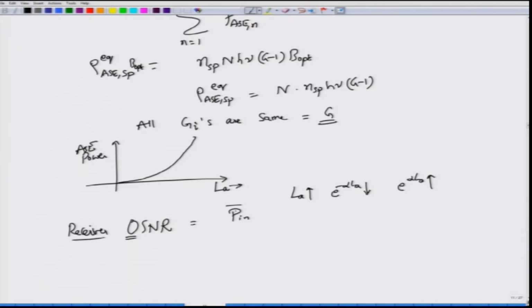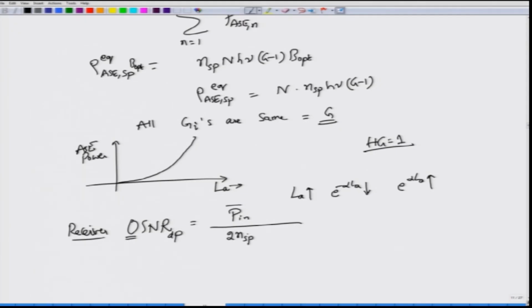Why should it be P_in bar? Remember, we have chosen H and G such that this is equal to 1, and therefore, all the amplifiers are going to compensate exactly for the losses, and the received optical power will be equal to the launch optical power P_in bar, divided by the total noise variance that you have for a dual polarization. So, this is the OSNR for the dual polarization.